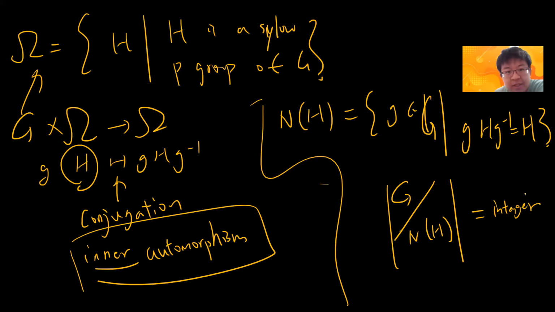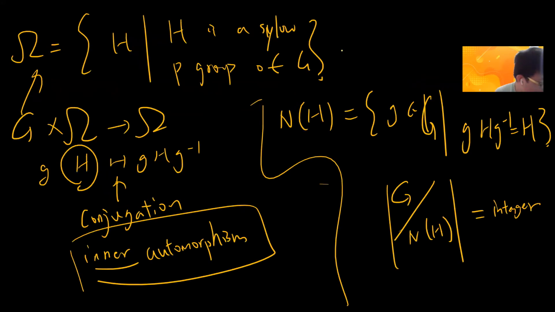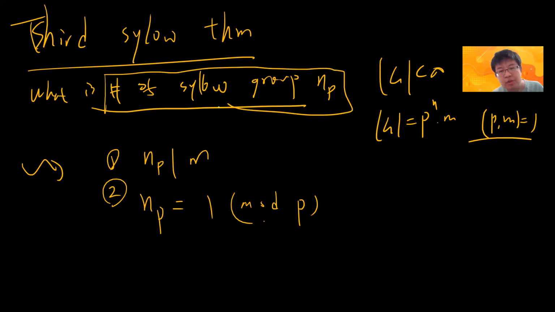And by definition, the number of Sylow P subgroups, N P, is just this. This is the number of Sylow P subgroups.